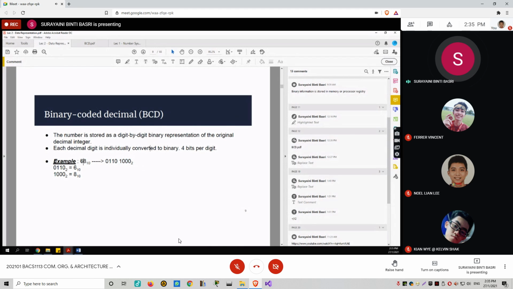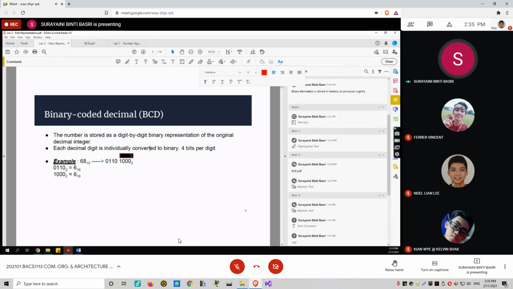Okay, so for 8, 2 power of 0 will be 1. Wait, I will write it here. Okay, so 2 power 0 equal to 1. 2 power of 1 equal to 2. 2 power of 2 equal to 4. 2 power of 3 equal to 8.